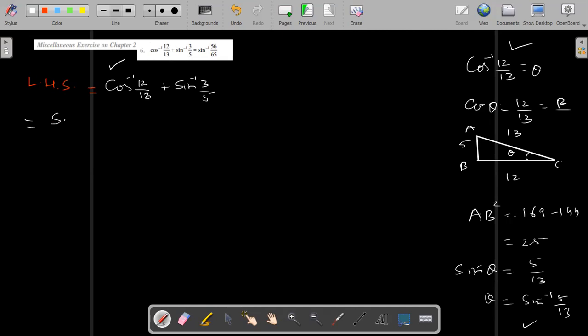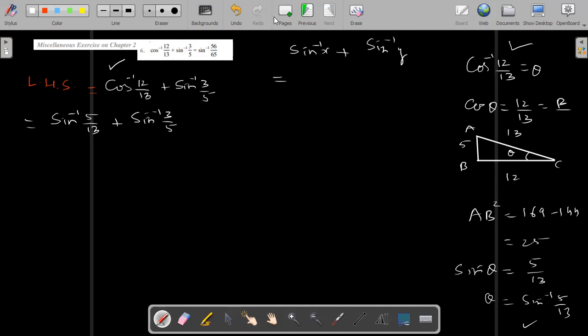So write sine inverse 5 upon 13 plus sine inverse 3 by 5.